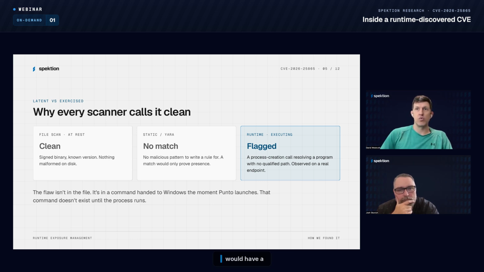And again, you would have a match, but a lot of them wouldn't call out something like this because it's not necessarily doing something malicious. And if it is called out, it wouldn't be called out as a potential vulnerability. It might be called out as informational or potentially risky, but it wouldn't really tell you why. It would just flag it. And then you wouldn't have the correlation to what it could do at runtime. You would just say it could eventually do this thing, but we don't know if it will.